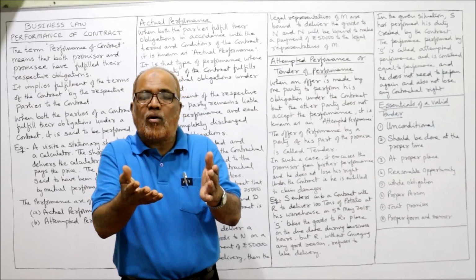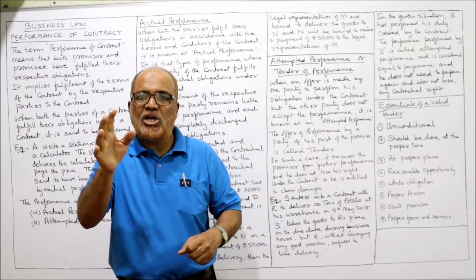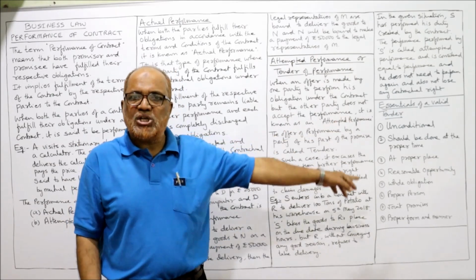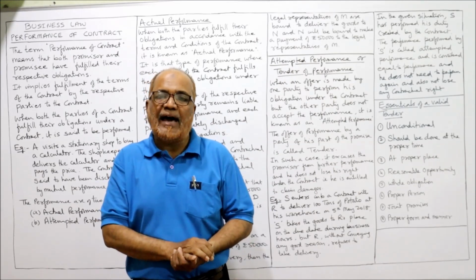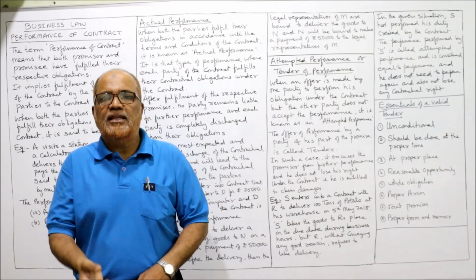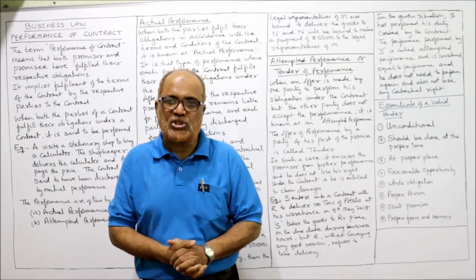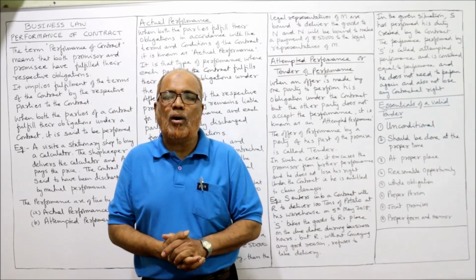If it is not, then the promisee will have the right to reject or refuse the contract. So these are the essentials for a valid tender. If all these conditions are satisfied, then the promiser will have the right to prosecute and claim damages from the promisee for not completing his obligation.